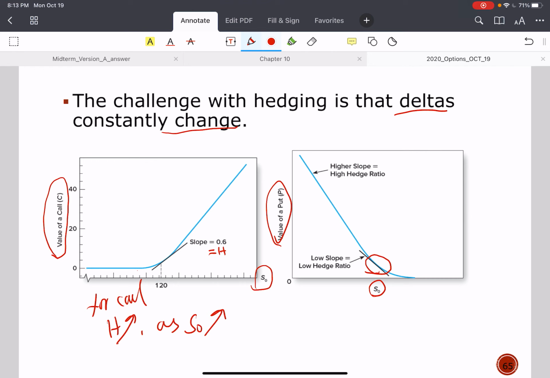And when the stock price becomes even lower, let's say it approaches zero, now the slope is higher, so the hedge ratio becomes higher. So this basically means for a put, the hedge ratio increases as stock price decreases, right? So the gist here is that the hedge ratio changes if stock price changes.